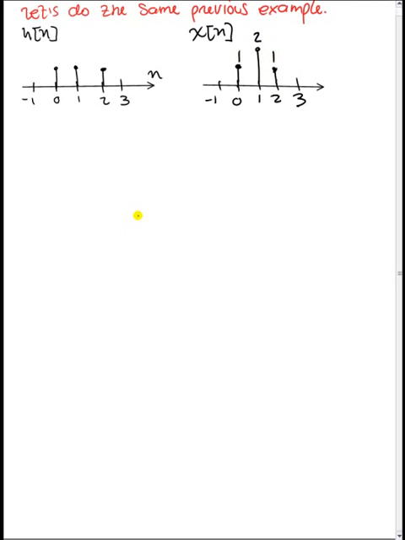Alright, so step 1. Remember, you have to choose the signal that is easier to flip and shift. So we'll choose the x prime of n. The one that we don't flip is just x of n, so we leave it the way it is. And then h prime of n, we'll do the same thing.